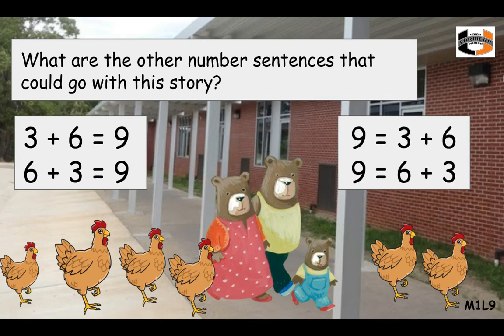Right, you're going to put the total first. 9 equals 3 plus 6. And then you're going to take those parts and swap them around. 9 equals 6 plus 3. So those are the 4 ways you can write a number sentence to match this story.